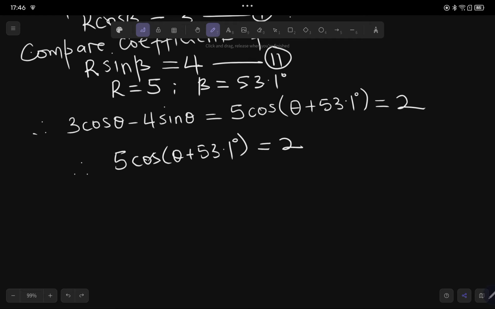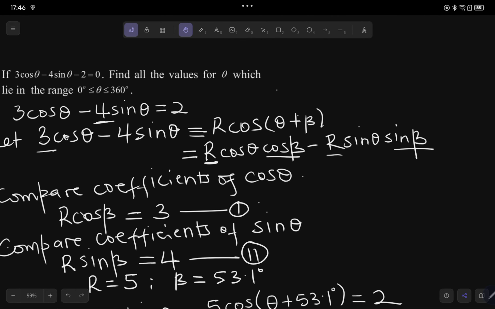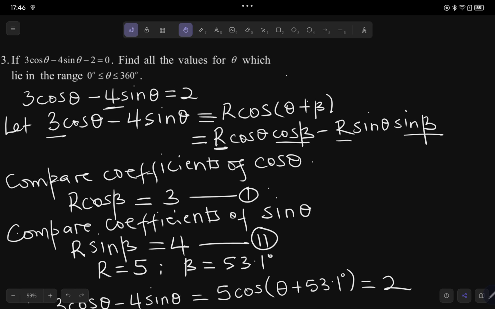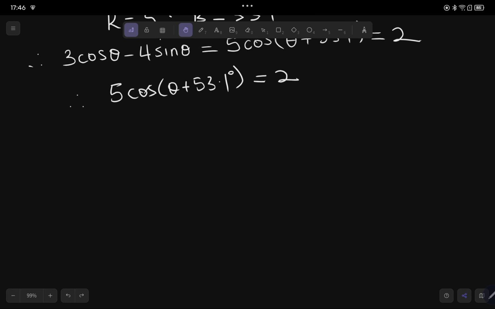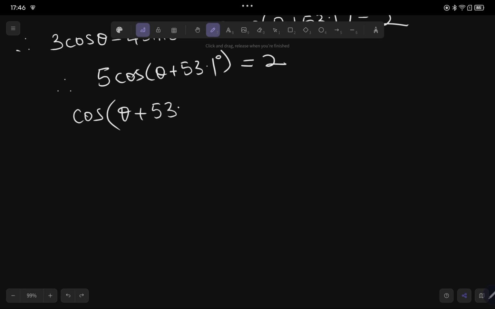Is it 2 or 2.2? Check. It was 2, not 2.2. Is equal to 2. So therefore, cos of theta plus 53.1 degrees is equal to 2 out of 5.